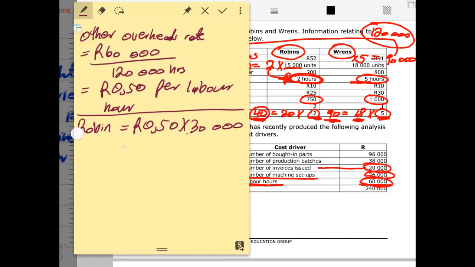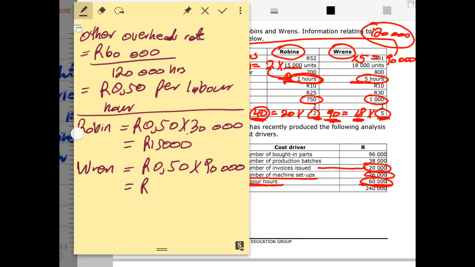Then that will be 15,000 rands. Then we allocate to product Wren, and this will be 50 cents times by the number of hours to complete product Wren, which is 90,000 hours to complete 18,000 units of product Wren.